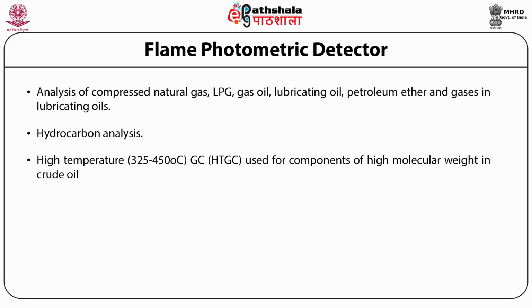High temperature, that is 325 to 450 degrees Celsius GC, HTGC, has been developed and used for components of high molecular weight in crude oil, etc. Earlier, the maximal column temperature of conventional GC was around 325 degrees Celsius, and the analysis was limited to hydrocarbons with carbon number less than about 35, which limits the GC applications.